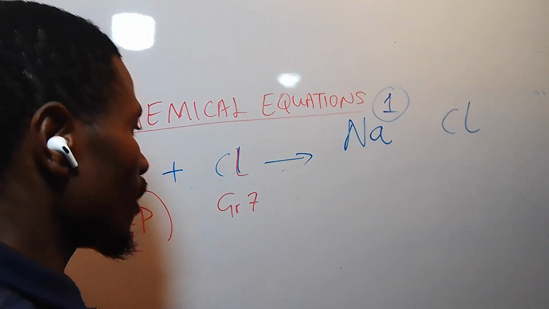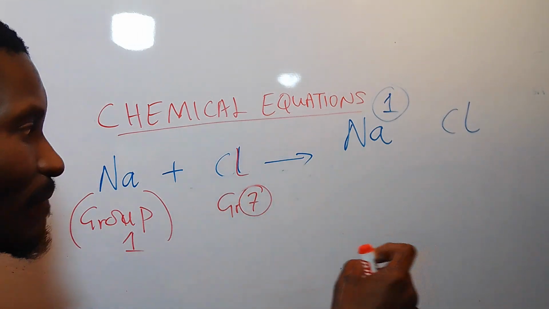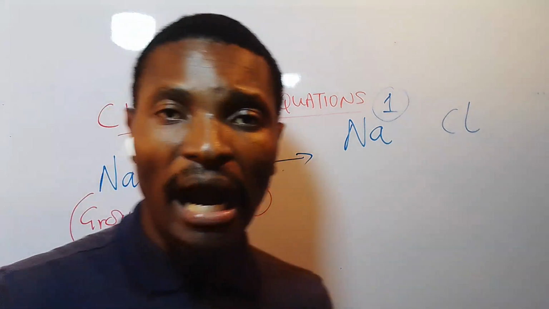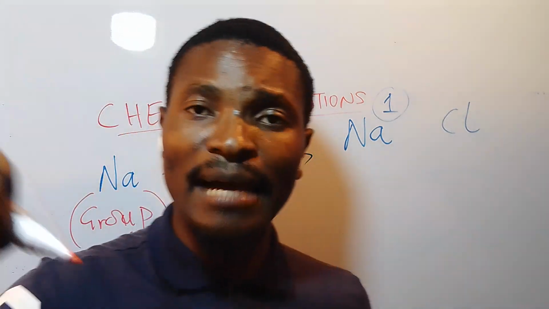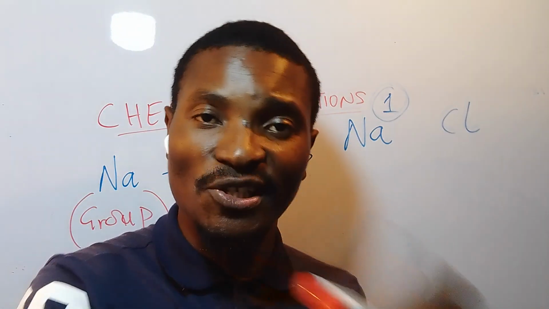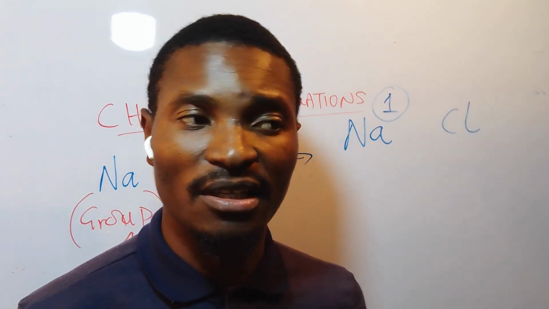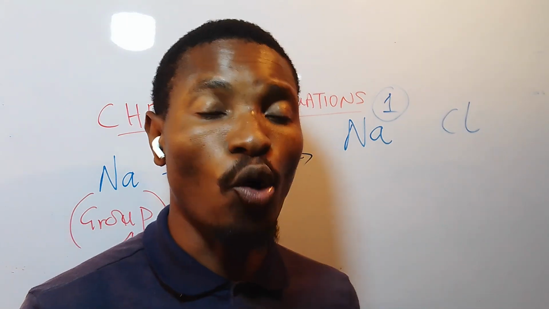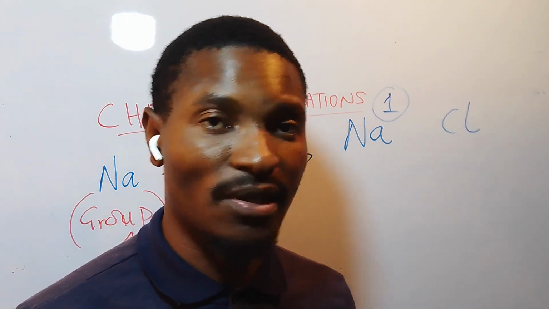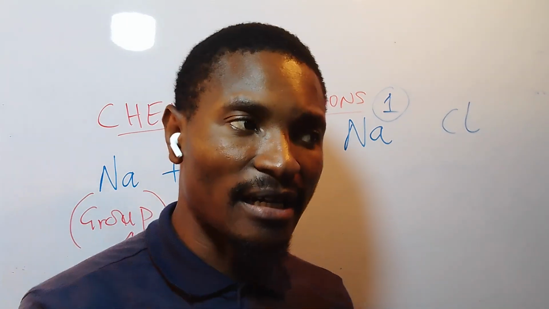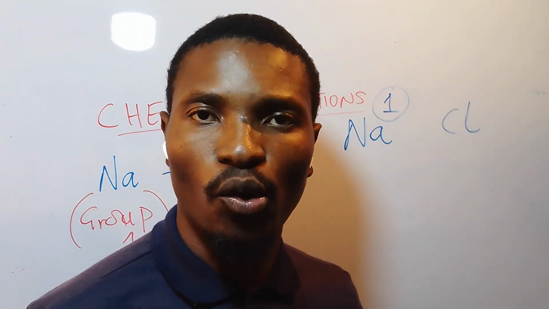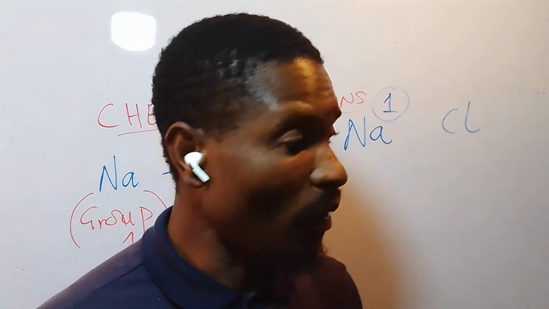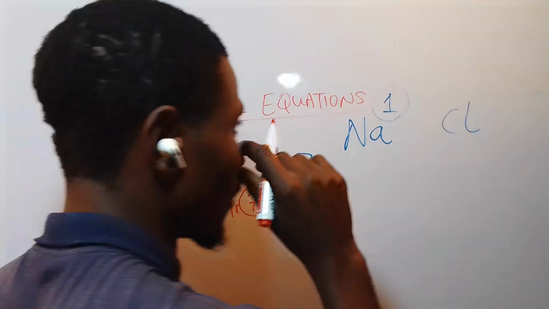So since chlorine is in group 7, for us to find the number of electrons that are going to participate in that chemical reaction, we need to subtract 8 minus 7 to understand how many electrons in the outermost shell are needed for this chlorine to either share, gain, or lose the electron.